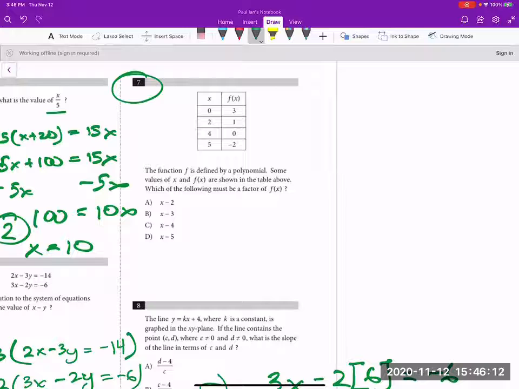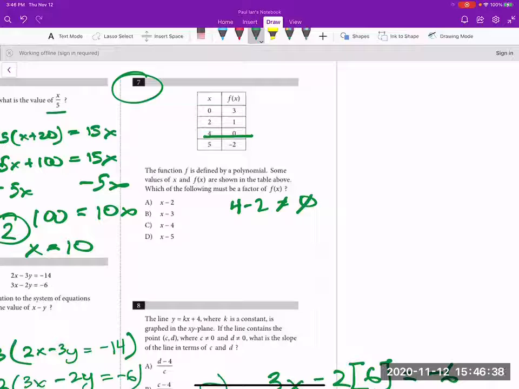So what I would do here is just match them, whichever, when you plug them in. If you plugged in 4 minus 2, it doesn't equal 0, right?